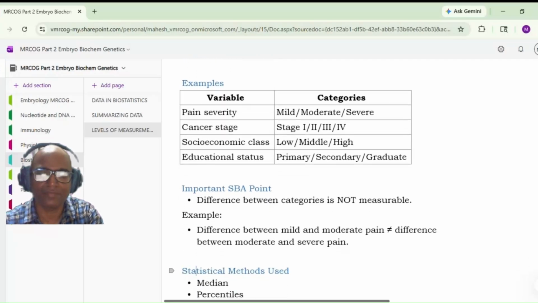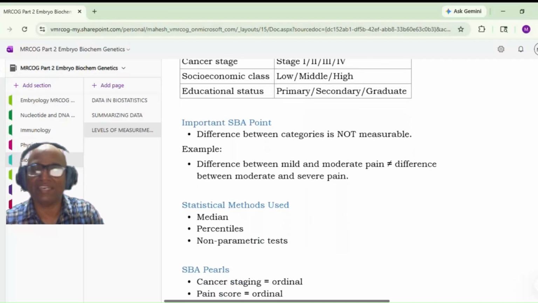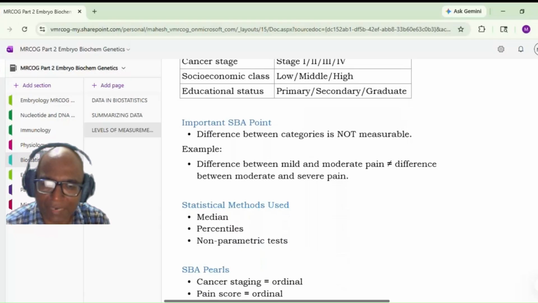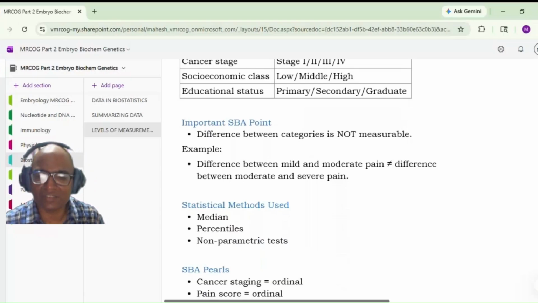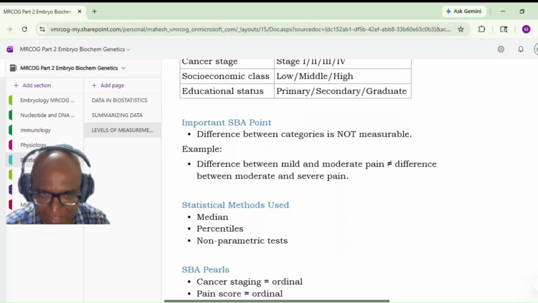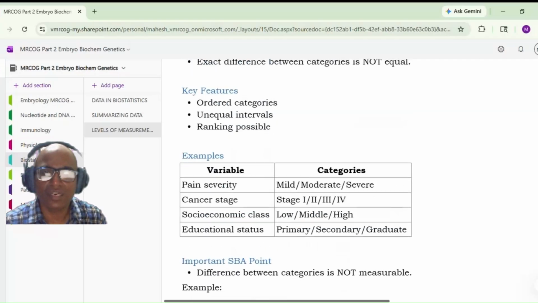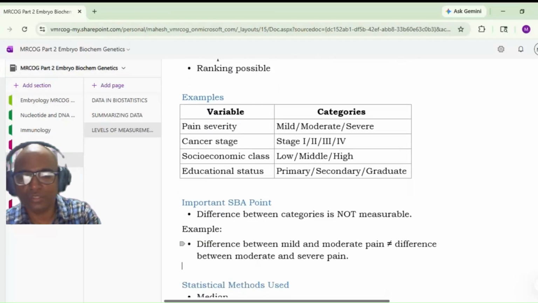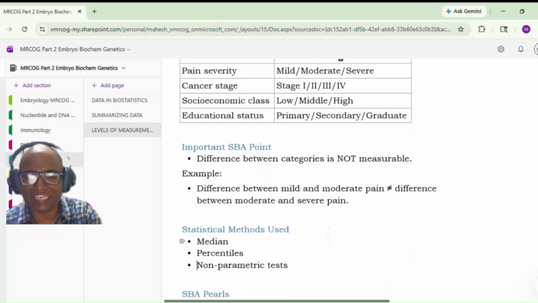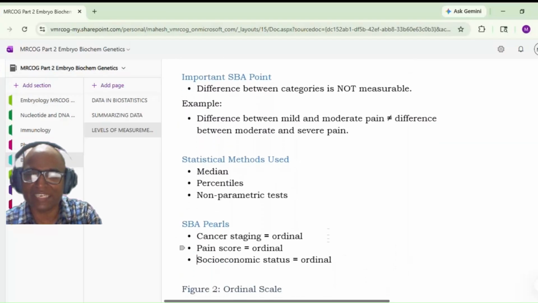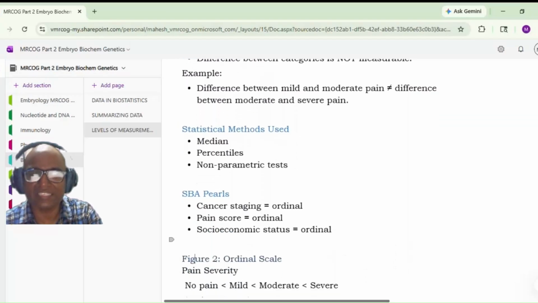Okay. So what kind of statistical methods are you going to use? You will describe this in terms of median, and percentiles you can use, and the statistical tests which you will apply are the non-parametric type of test here. So if you have data which is ordinal in nature, then you will use median and percentiles for description, and non-parametric tests for statistical significance.